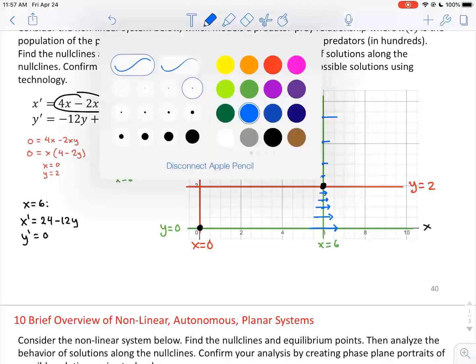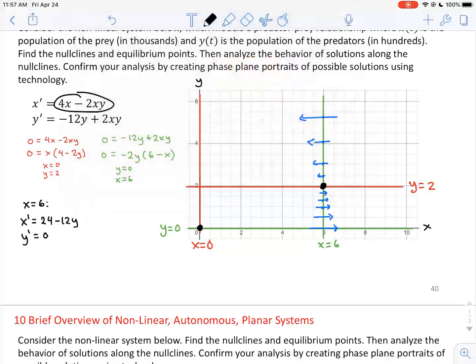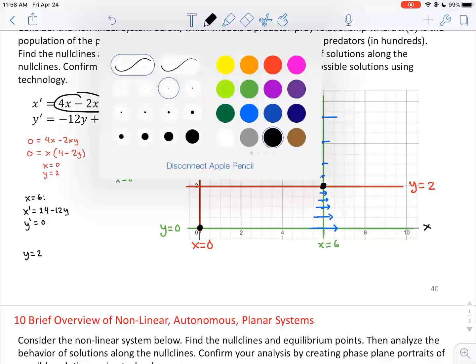Okay, let's focus on a different nullcline. Let's do the y equals 2 portion of the x nullcline. Let me give myself a little bit more space here to analyze some of these things. Okay, y equals 2.